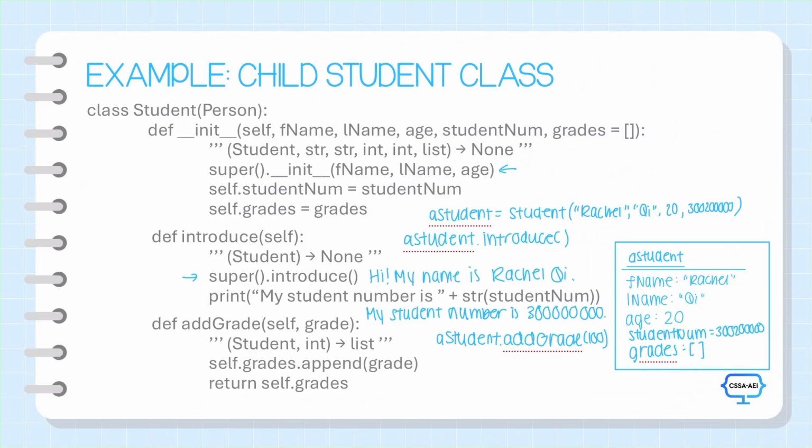And then it's going to append the grade that we gave it. So it's going to get that empty list, and append 100 to it. So now our list of grades is going to be 100. It's going to get modified, and then the function just returns it to us.